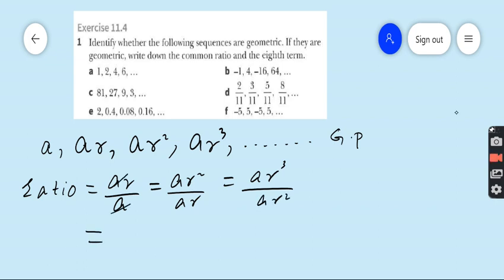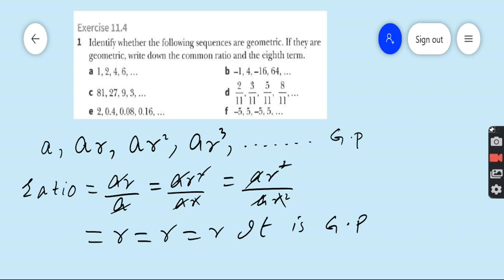A cancels by a, r cancels by r, r square cancels by r cube. So it is geometric progression. Why? Because throughout the progression the ratio is same.